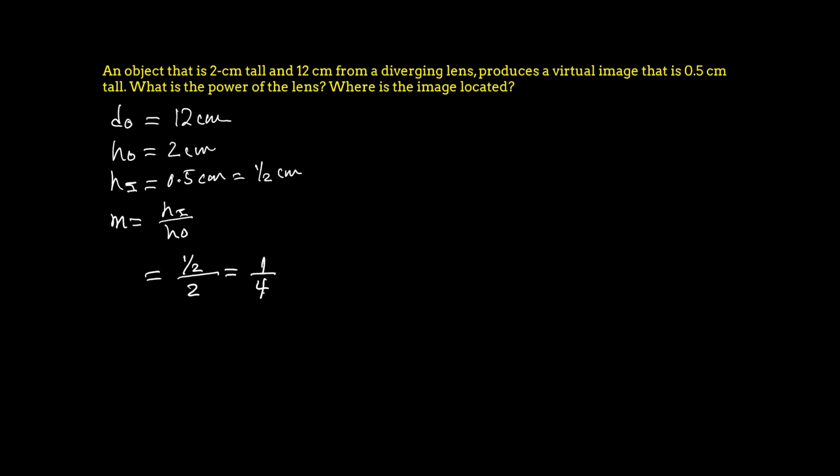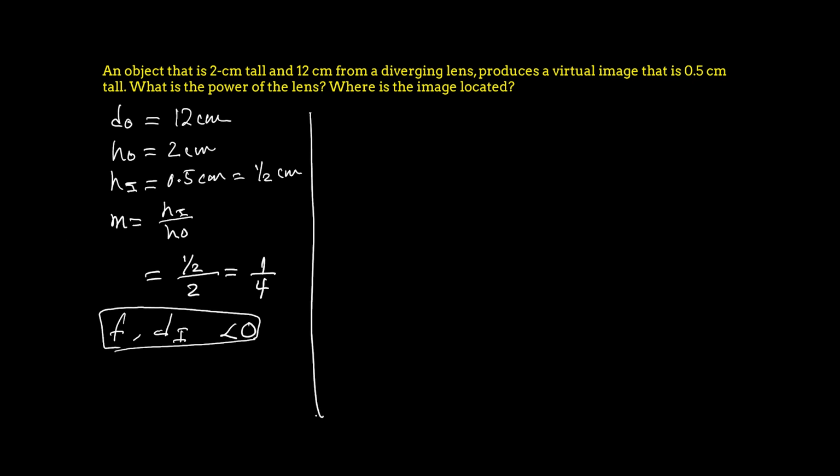All right. What's the power of the lens? So we need F, obviously, and the image location, D sub I. Both of these are going to be negative. So let's begin. So what do we have here? We know what DO is, and we know what the magnification is, so we can easily get what DI is, right?